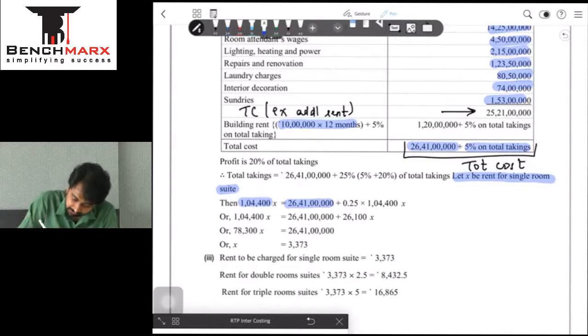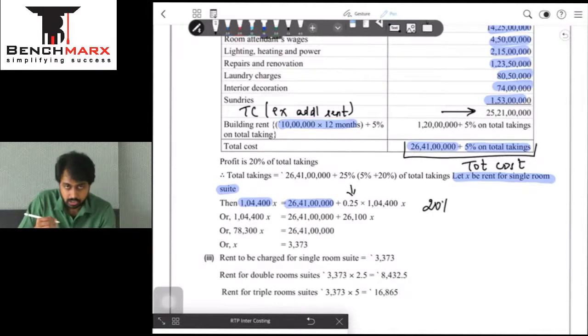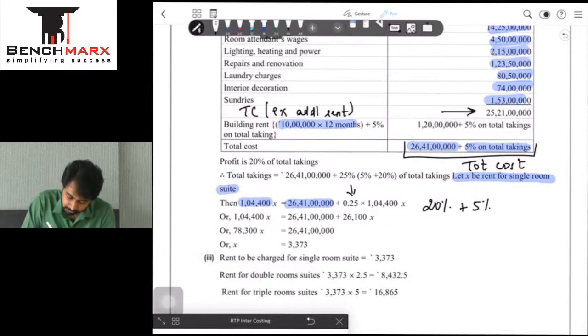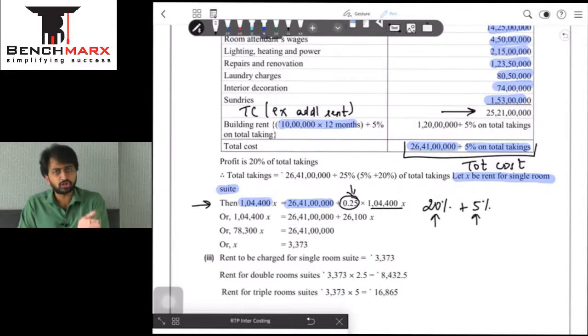This 25% is nothing but 20% markup for profit plus 5% of the takings. The question clearly said that my margin is 20% of sales. So if the sales is this figure 104,400x, that means 20% of the total sales is the markup, 5% is the additional cost, so this makes it 25%. That is nothing but cost plus markup plus additional cost.